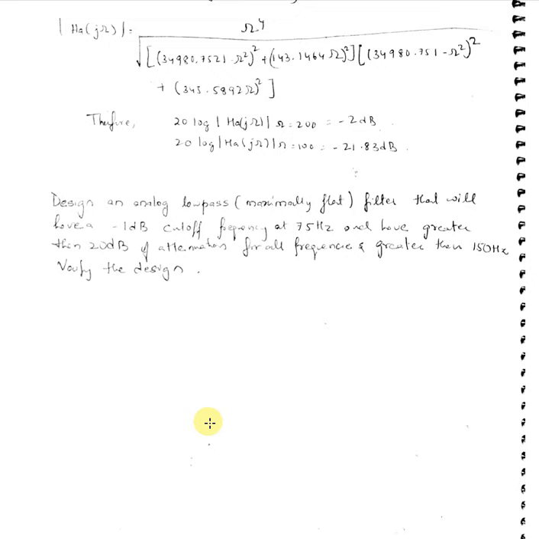You can verify the design by substituting s equal to j omega, taking the magnitude of it, substituting omega p and omega s, taking the log of it, multiplying it by 20, and seeing whether you are getting values at least nearer to the range of 20s. At least check whether you are getting your stop band attenuation, and what your pass band attenuation is.